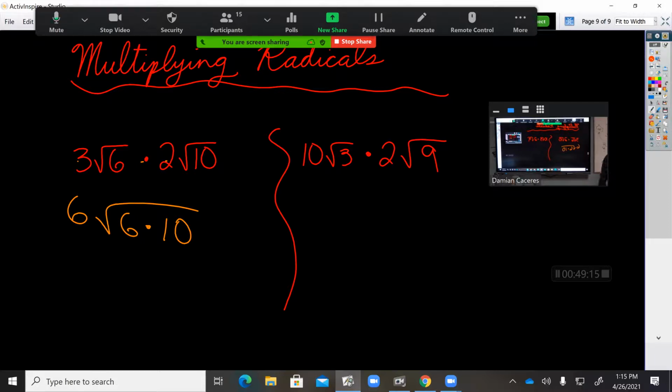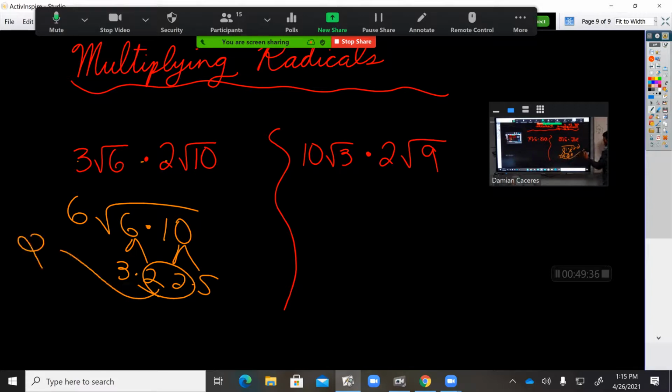And now, keep breaking it down. 6 is 3 times 2. 10 can be broken down to 2 times 5. Now, does anything repeat twice? Because the 2 repeats twice, it comes out once. Oh, wait, there's already a 6 there. What do I do with it?